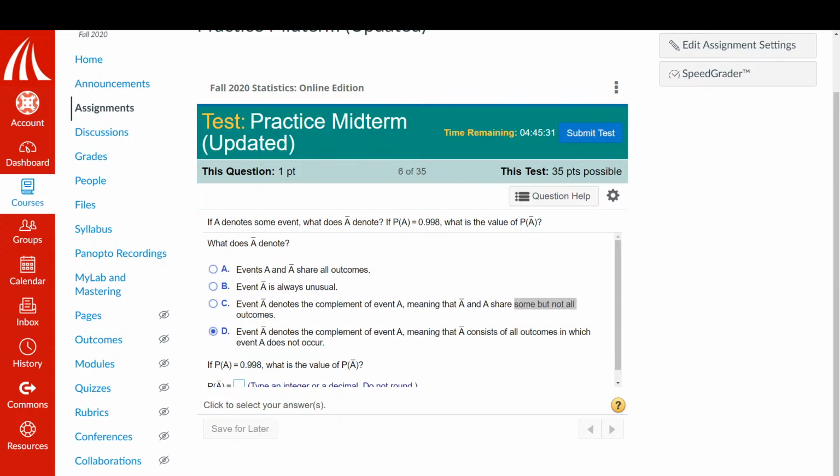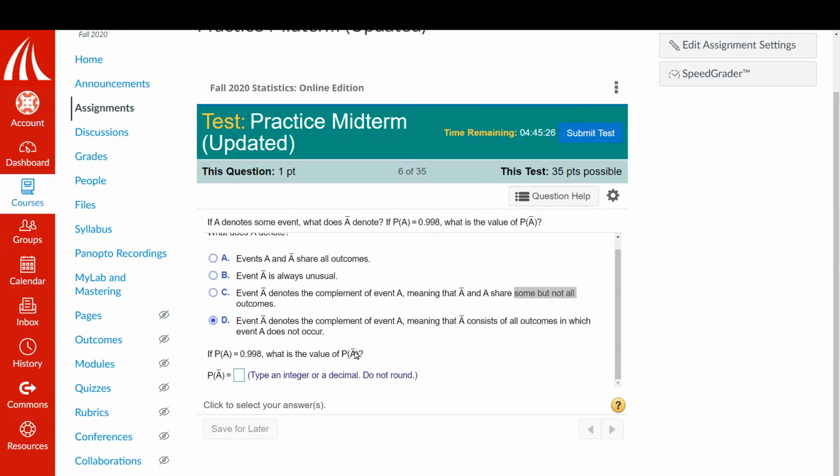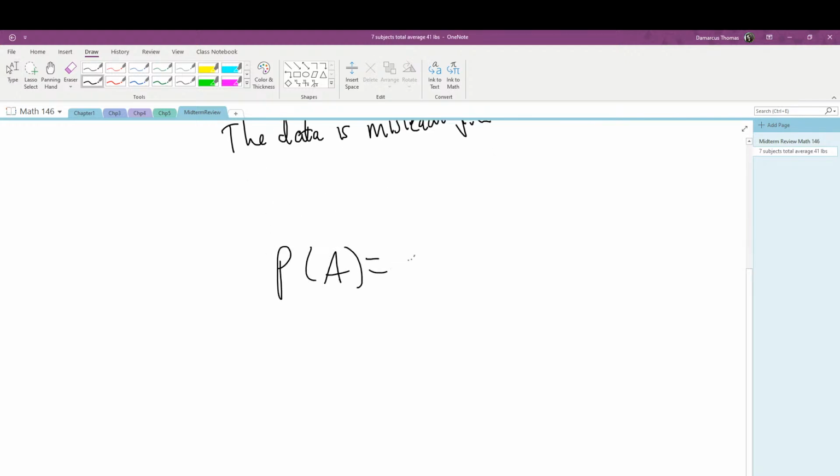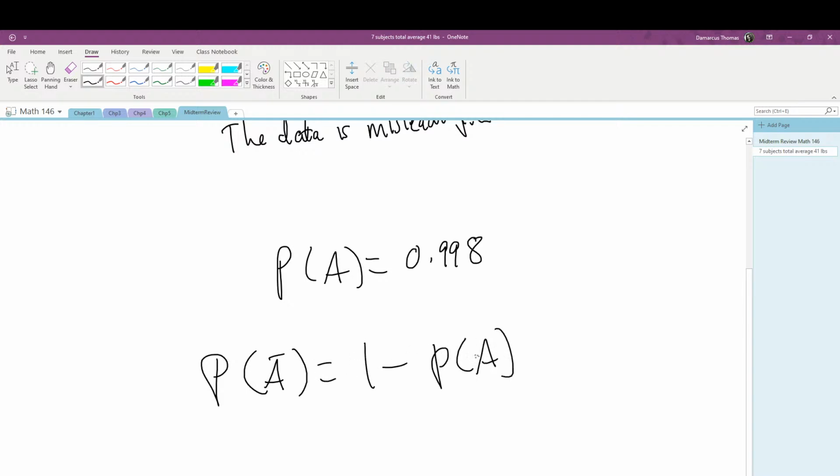All right. What about the probability of A complement? Well, you'd have to know the formula for calculating the complement, and if I scroll down, it's actually going to be 1 minus the probability of A. So the probability of A bar is equal to 1 minus the probability of A, but we know what this is.